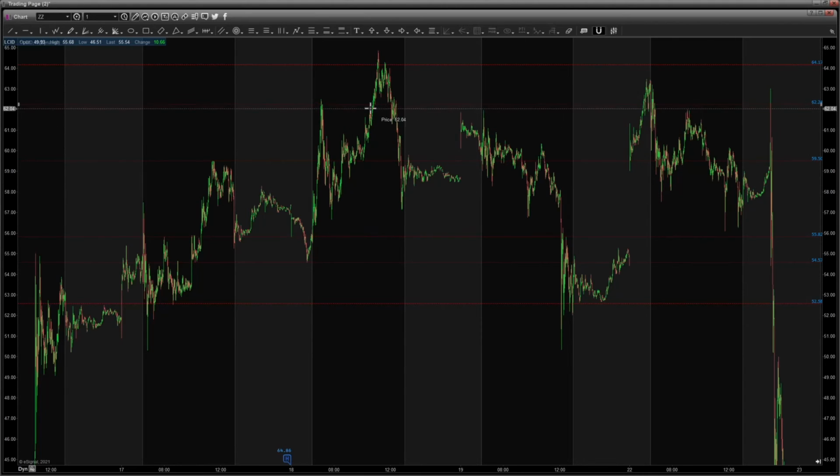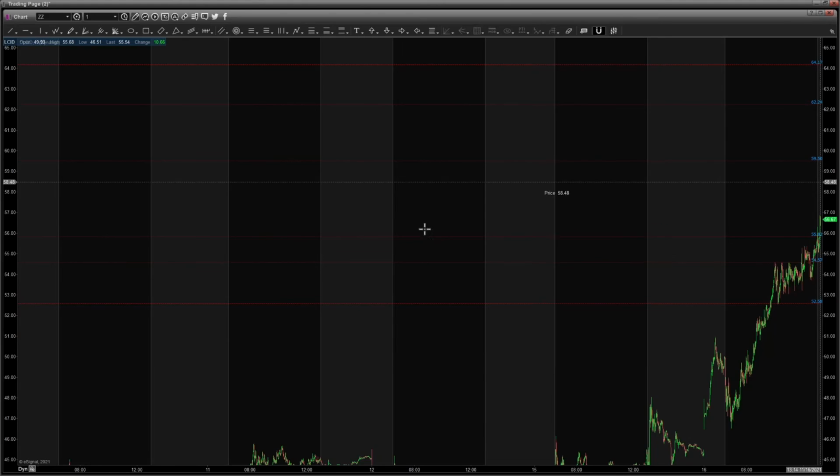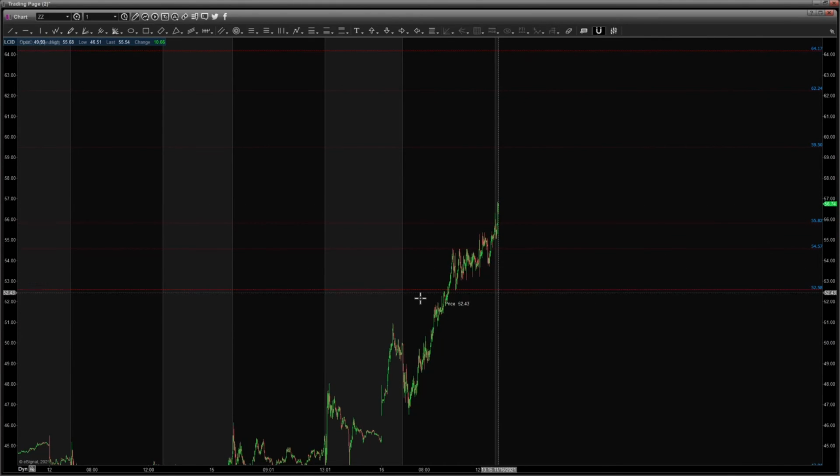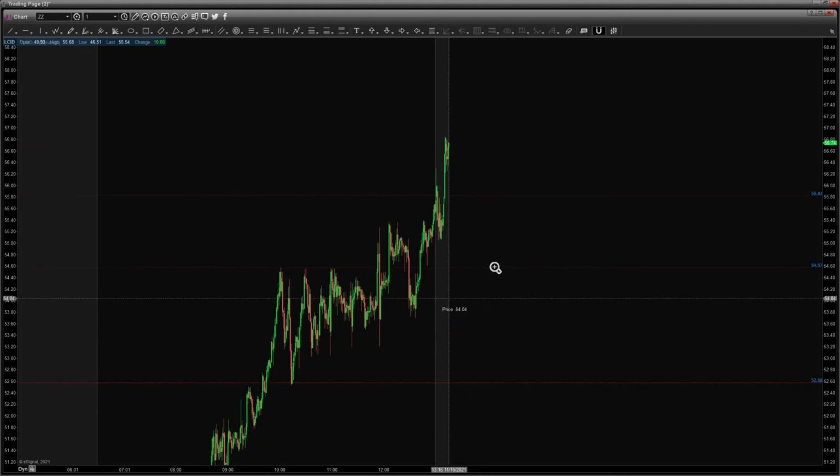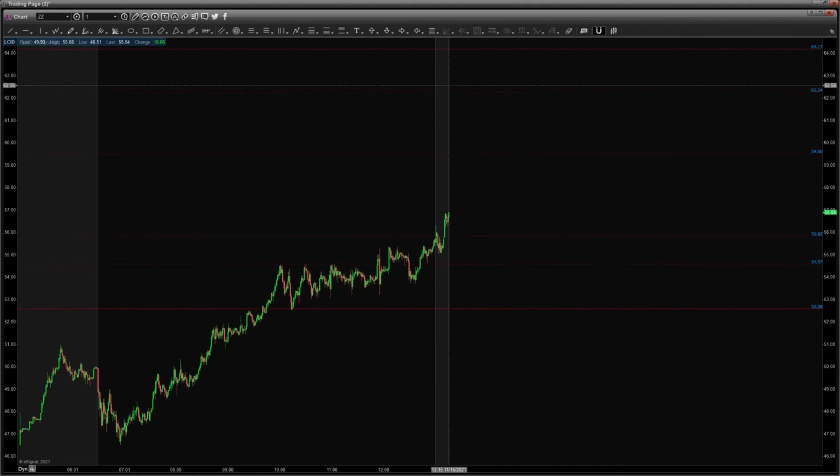I think I'll pick this one because I see it coming through 1, 2, 3, 4, 5 different spots here. So I'm going to pick that lower one there. And now let's fast forward back to today. See where we're at. Zoom in. Look at that. Yeah, it's within just a couple of cents, perfect. And as it comes up further, we'll see how it reacts to this 59.50 level.